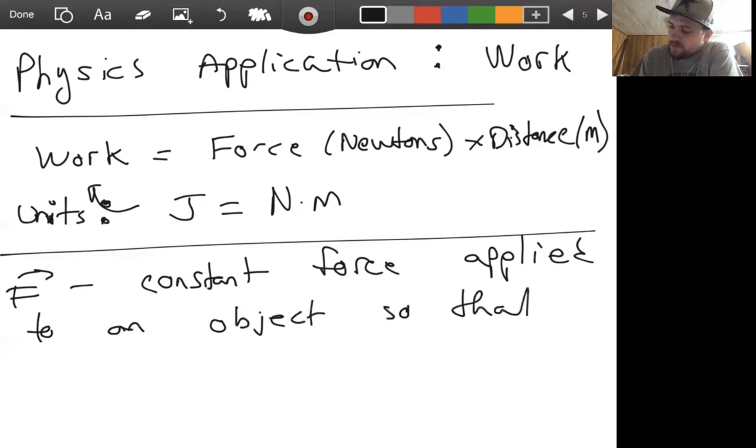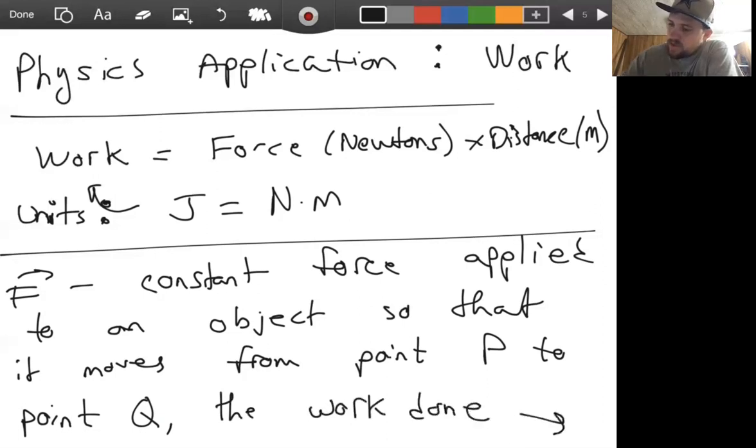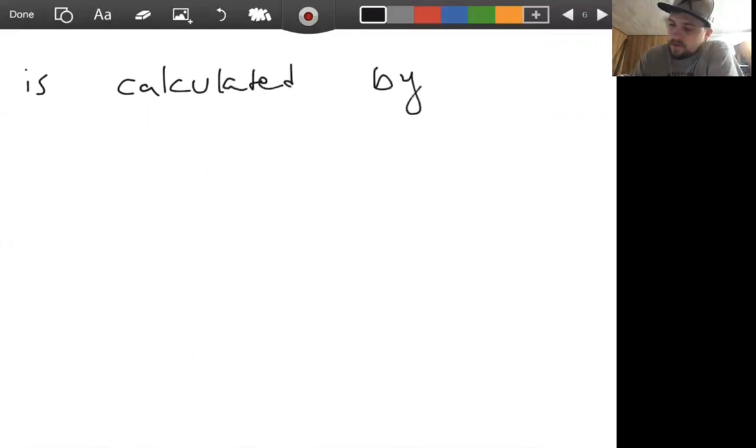So that it moves from point P to point Q, the work done is calculated by W equals the dot product of force with the direction vector PQ, which can be calculated.